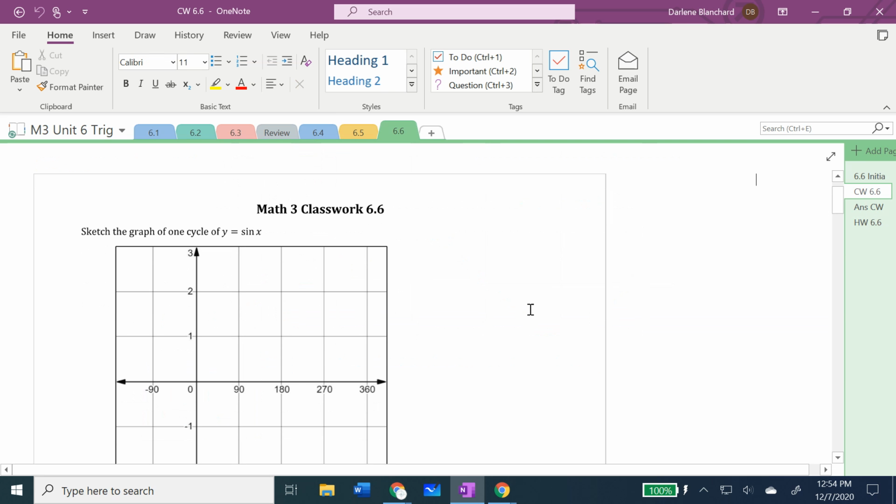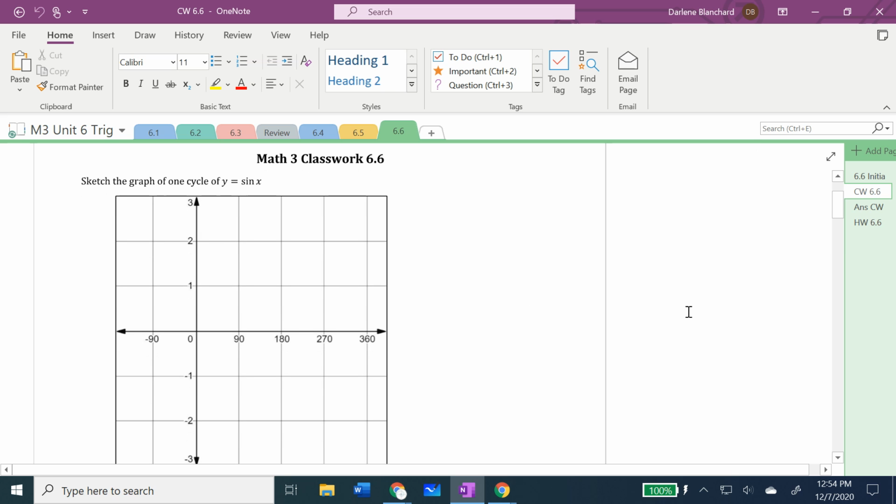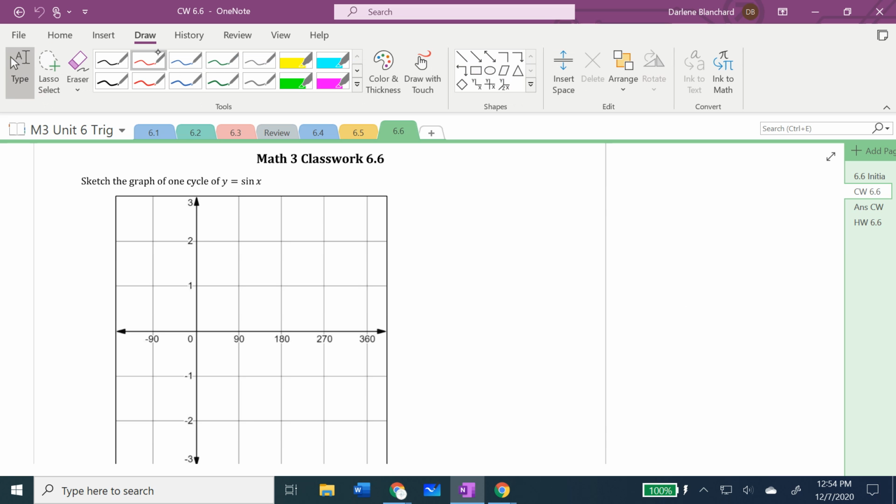Now, in your classwork, we are going to sketch one cycle of this sine wave. The first thing I want you to do, though, is plot certain points. First of all, when our angle is 0, our sine value is 0. So plot a point through the origin.